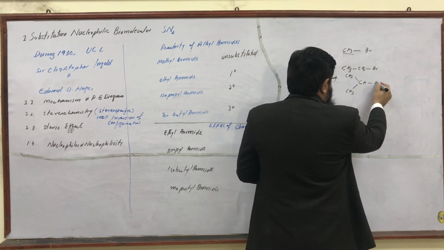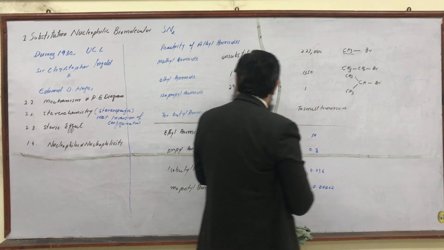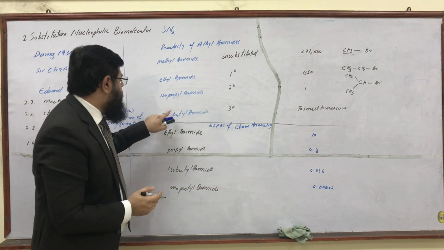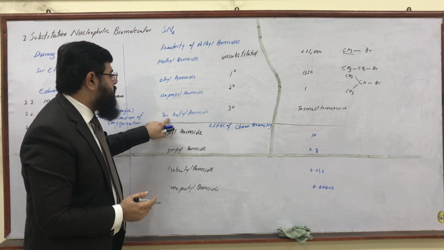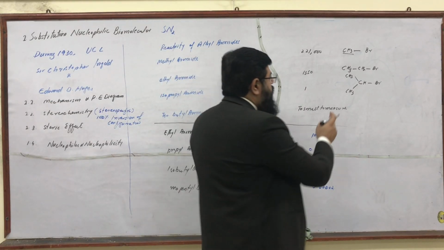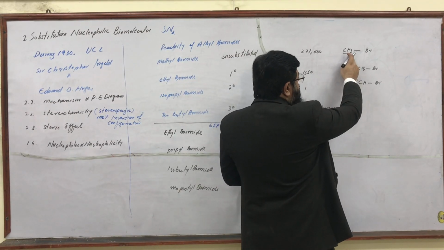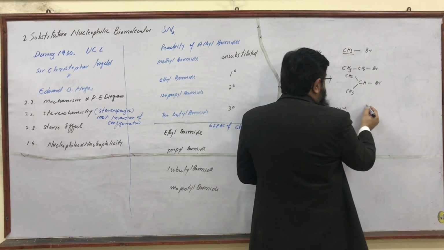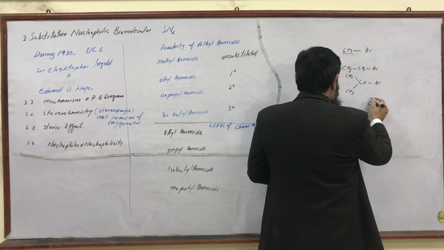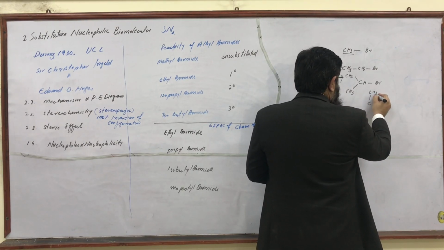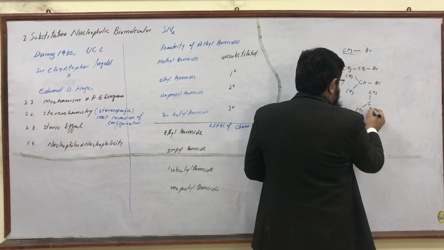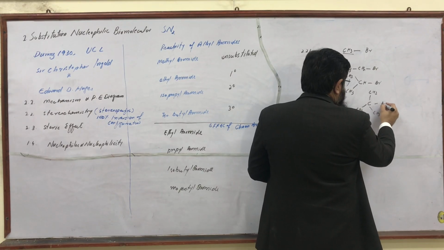So this is isopropyl bromide, and the last one is tertiary butyl bromide. We have substituted all three hydrogens of this methyl group with methyl groups. So there are three methyl groups on this carbon.